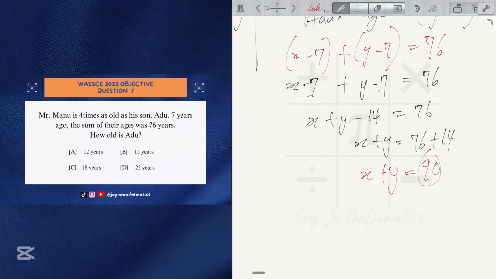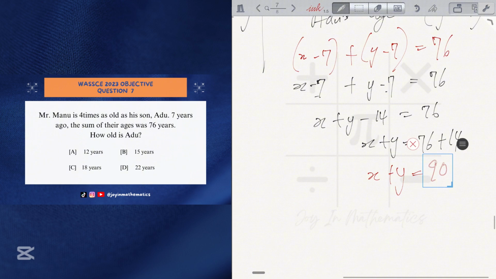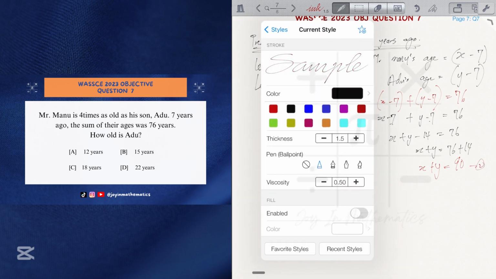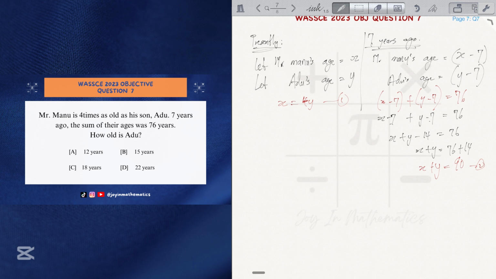So now we have two equations, equation 1 and equation 2. All we have to do is find the value of y, because y represents Adu's age. So let's substitute equation 1 into 2. Anywhere we see x, we substitute 4y.